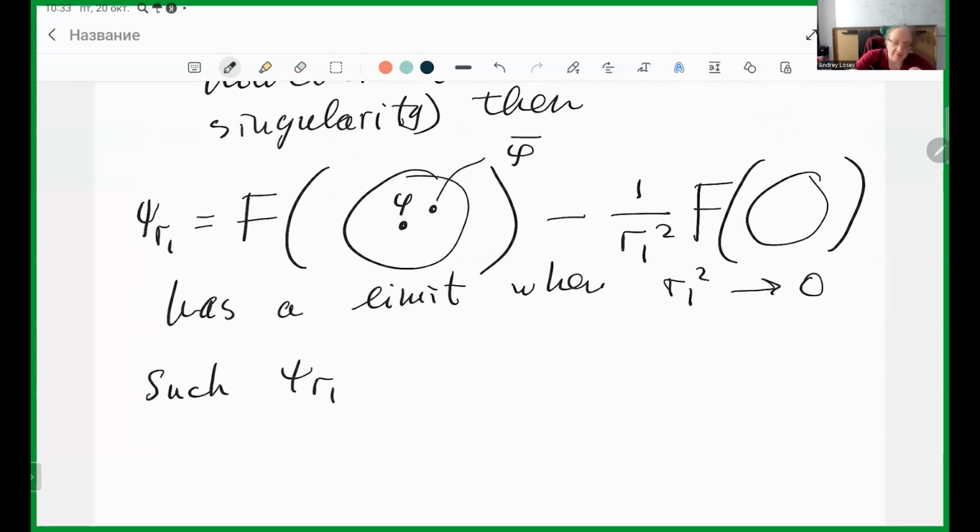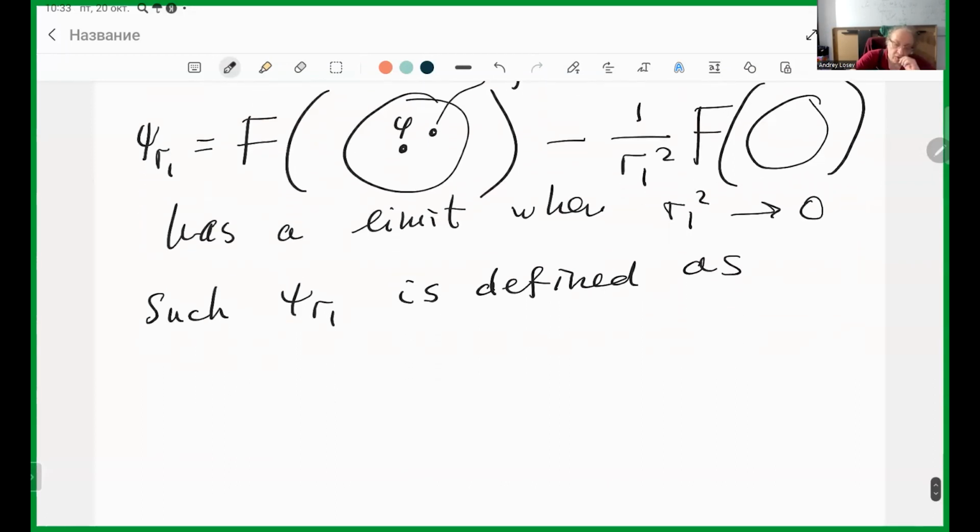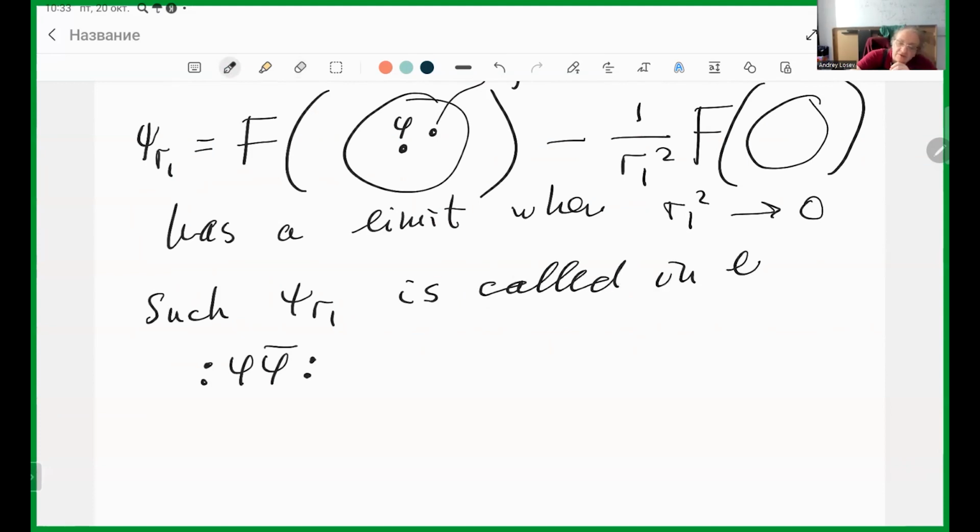Such psi R1 is defined as phi bar with double dots. It's called that in the literature.